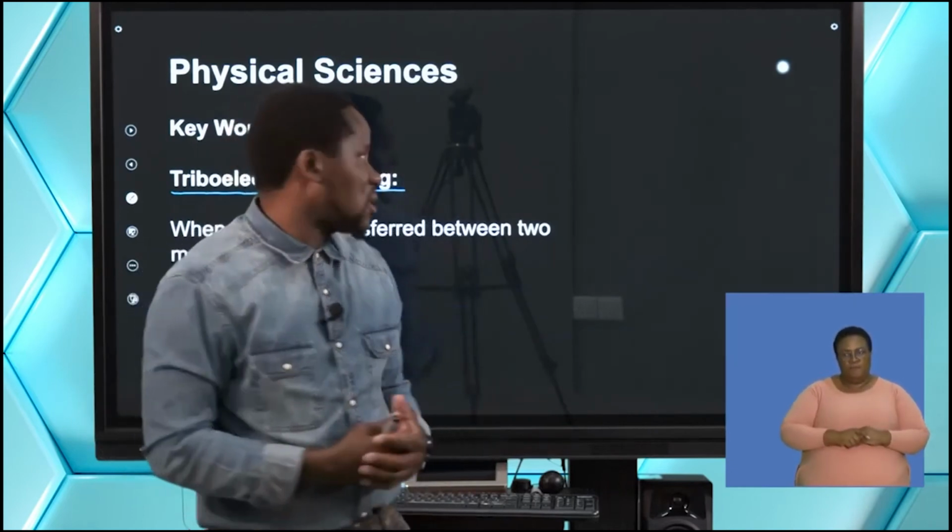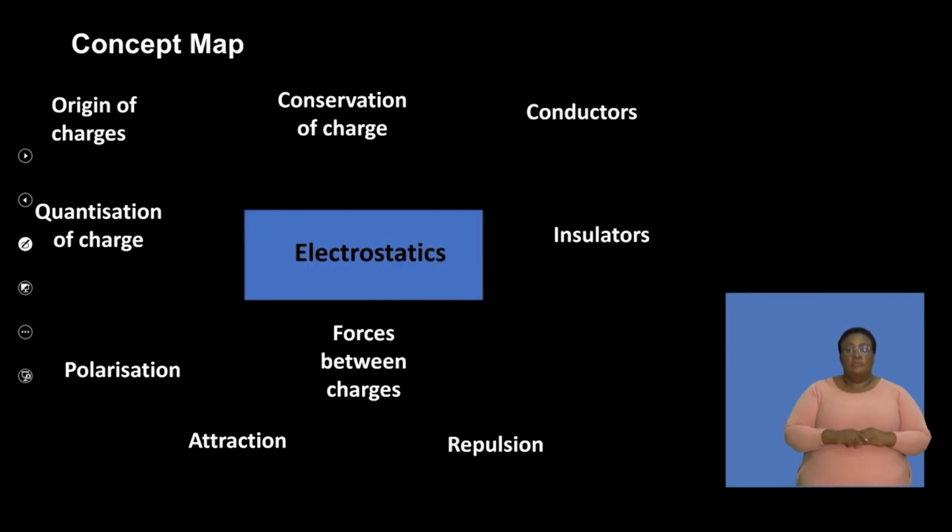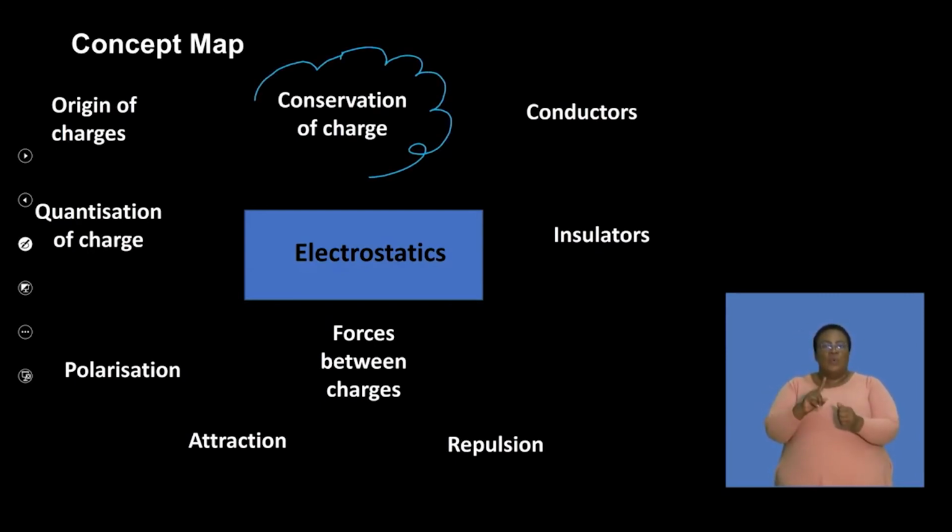That's what triboelectric charging is all about. Okay, right. So this was the main concept around conservation, leading to conservation of charge: that the charge remains the same, however it's transferred between two materials.